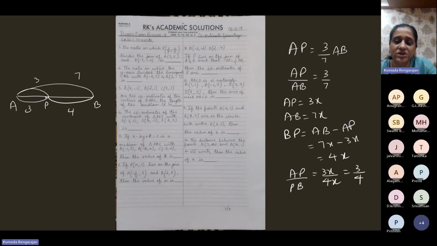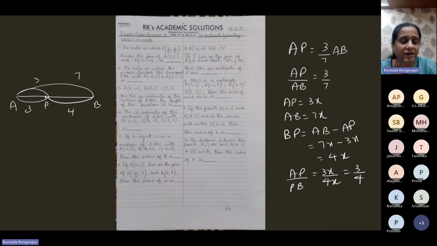So before we use a section formula, this is what we need to check. Is the relevant ratio given? A ratio will be given, but is that the ratio which we have to use in the section formula? That we need to verify.